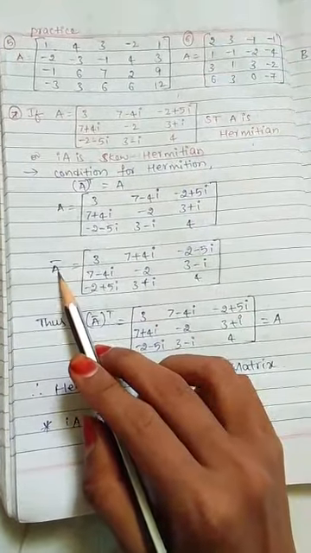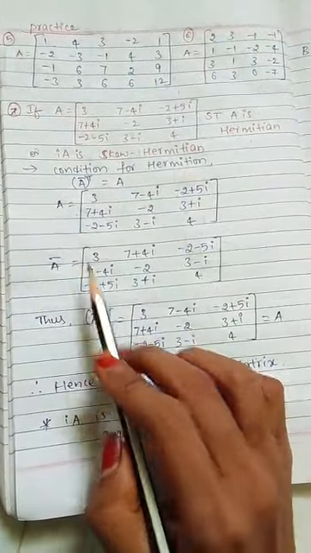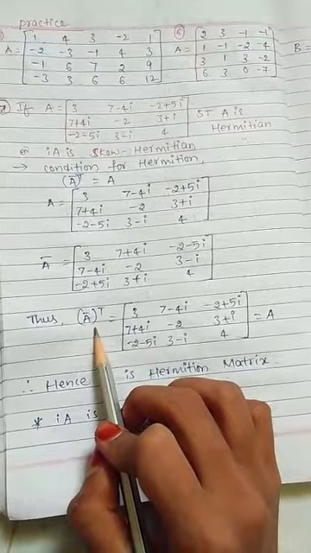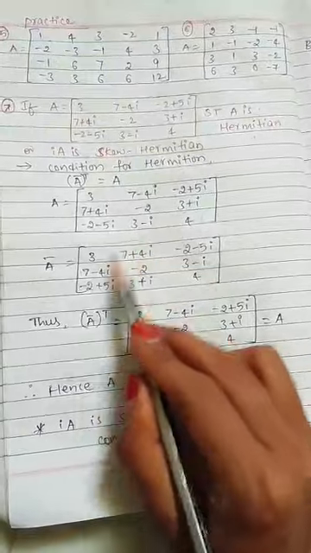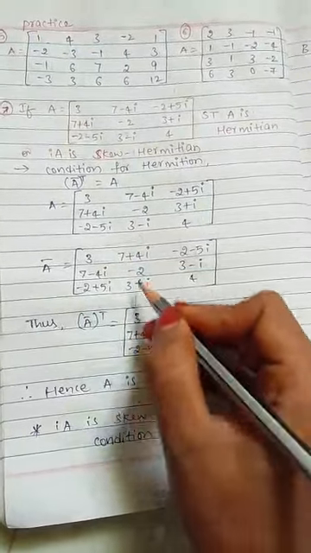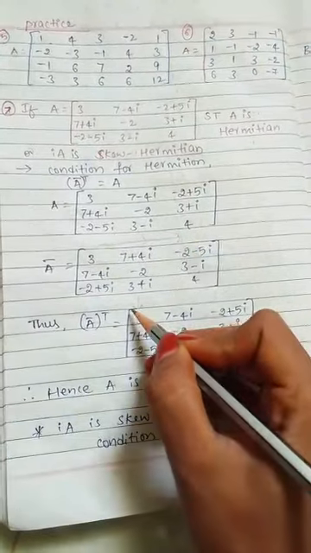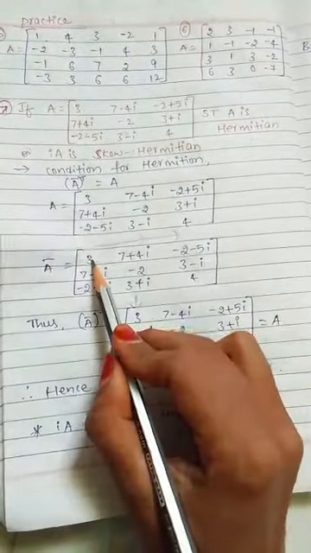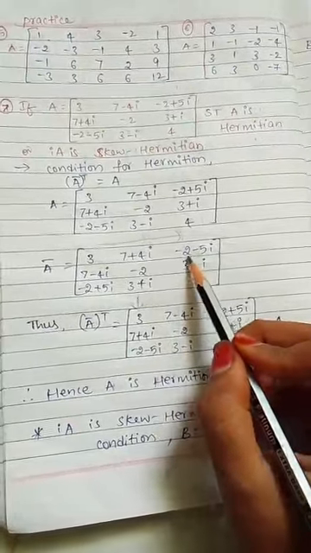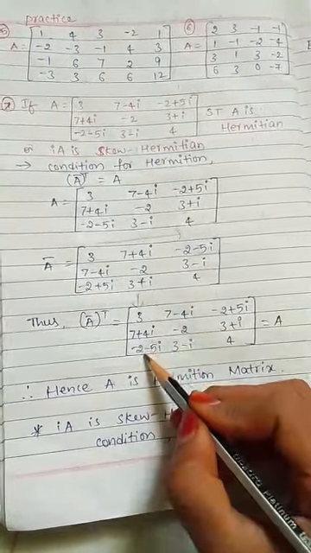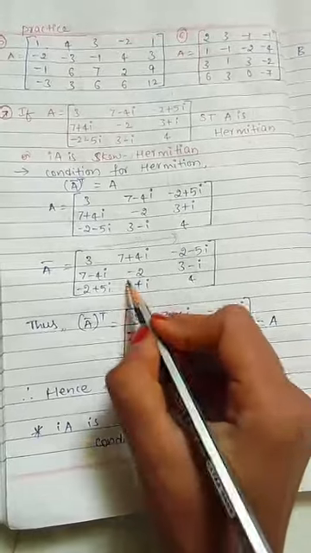I have taken the conjugate of this A. Then I have to do the transpose for this. Transpose means whatever the rows I have, change to columns. Write this row to this column. For example, 3, then 7 plus 4i, then minus 2 minus 5i.